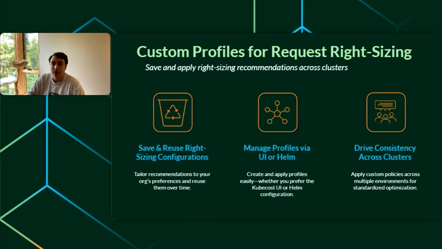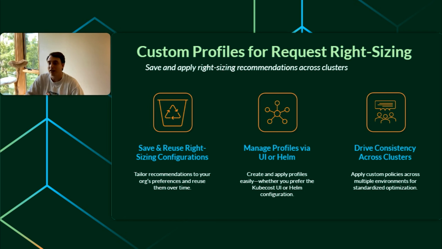Truly, it's our primary savings insight. And one of the things we have a lot of teams do is customize the way Kubecost gives those recommendations. So now one of the new features we added in 2.7 is you can actually save the configuration that is generating the recommendations in Kubecost.